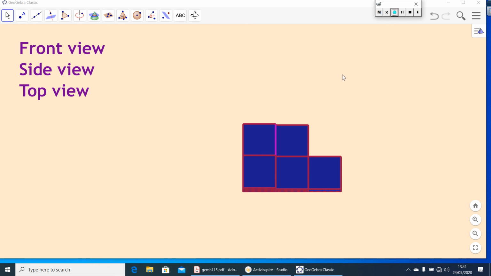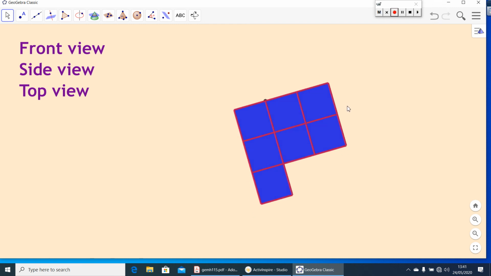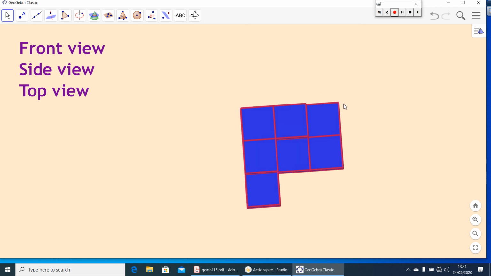Now let us see the top view. From the top, this will be the top view. Here you can see 1, 2, 3, 4, 5, 6, 7 squares. Then 7 faces.